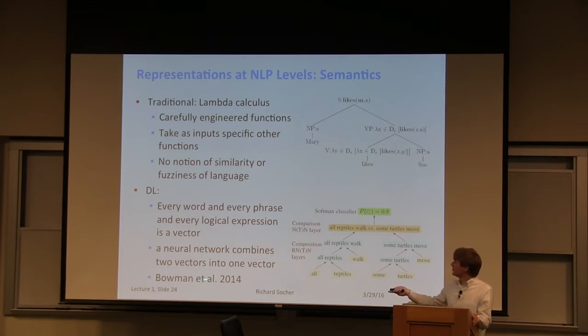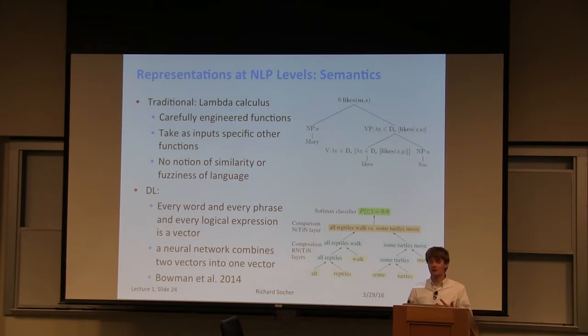This was studied by Sam Bowman, who happens to also be a Stanford PhD student in linguistics. Instead of having to define that turtles are subsets of reptiles, and moving is a general expression, and walking is a special subtype of moving, he basically just says, everything's a vector.